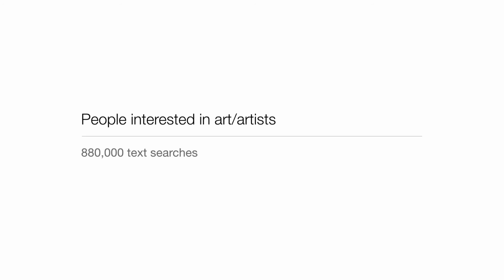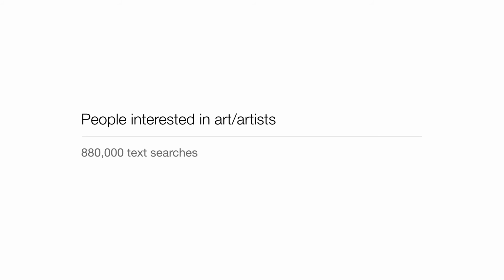That is a much bigger audience when compared with image searches. So it makes sense that one of the larger audiences is probably just people who are interested in the art form in general.